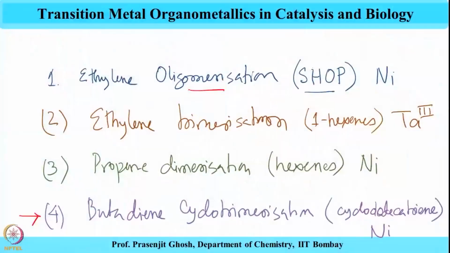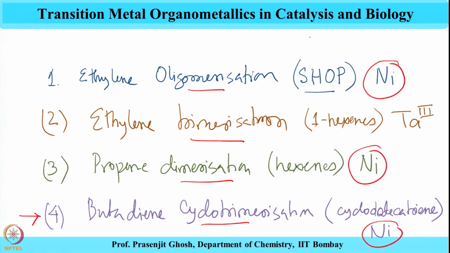Now, in this connection, it is worth noting that if one were to look at all these processes, for example oligomerization, trimerization, dimerization, cyclotrimerization, then one would see that the metal of choice for such a process is in fact nickel, which is a late transition metal, and supposedly very electron rich.